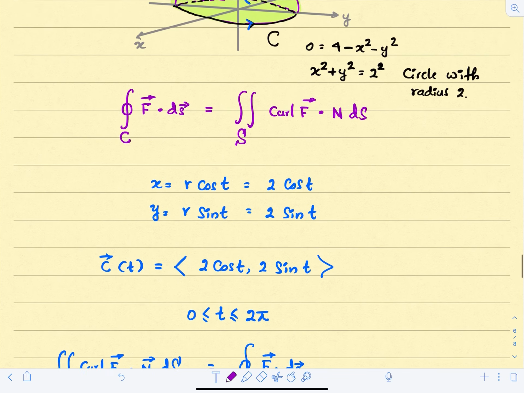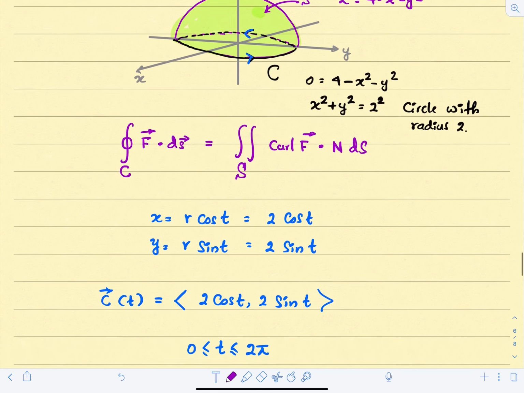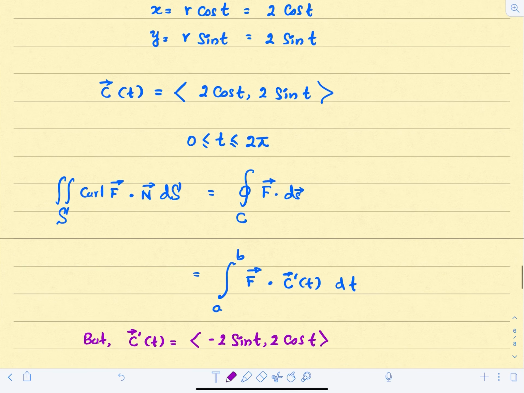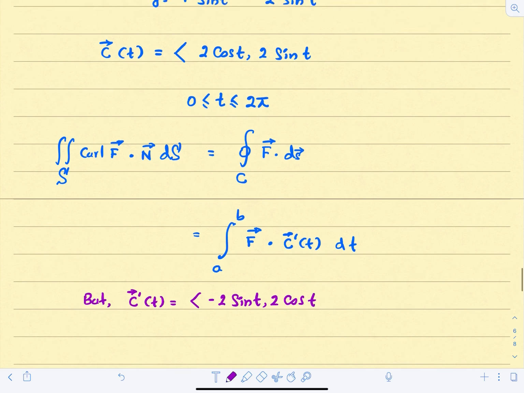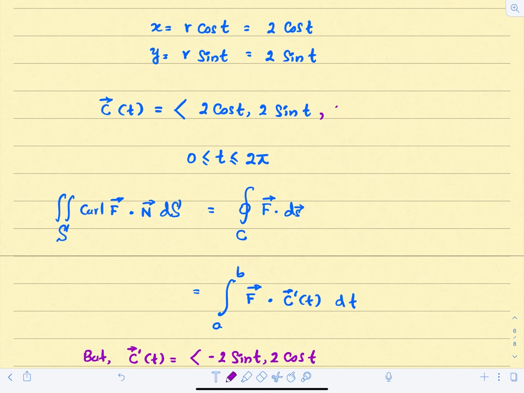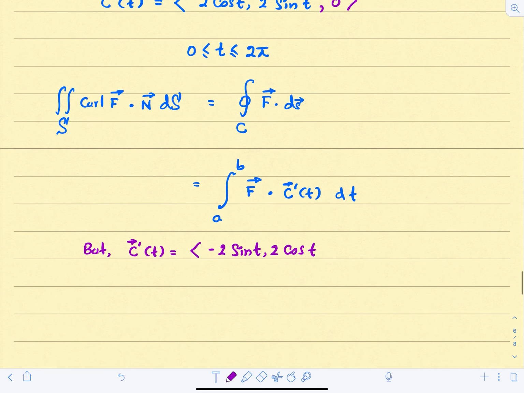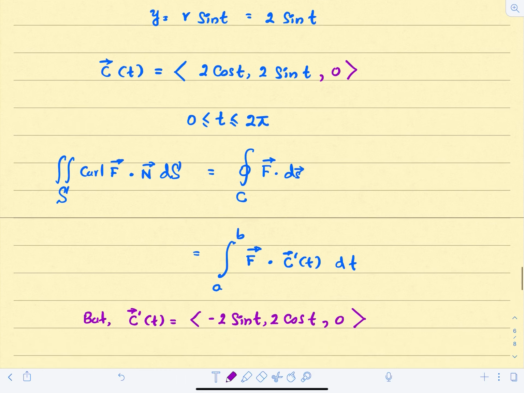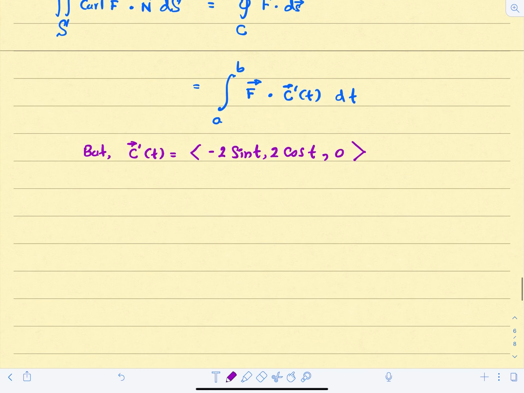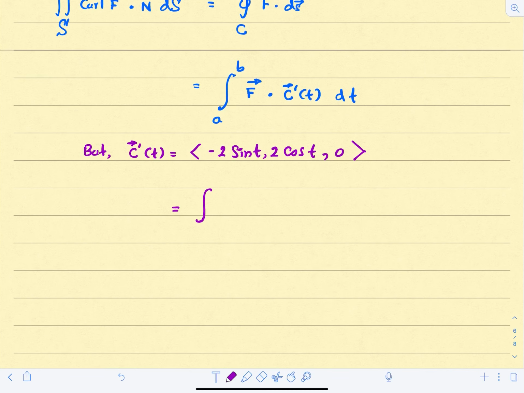Of course, our vector field is in three-dimensional space, so let's slightly change the parameterization. The third component should be 0, because now we are on the xy plane. So now this line integral becomes the integral from 0 to 2 pi.